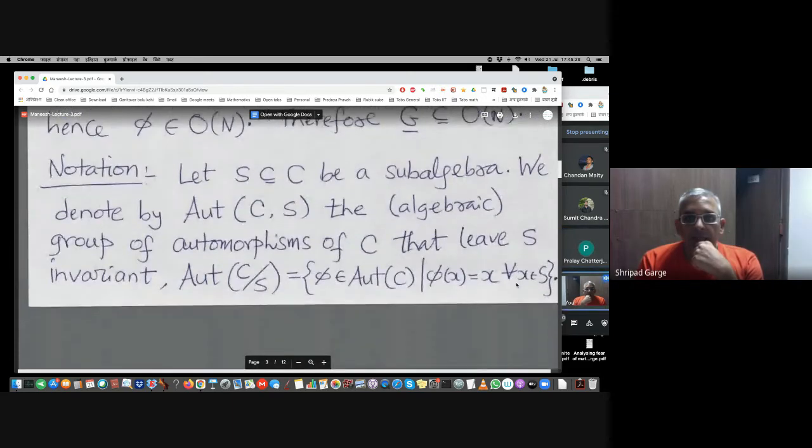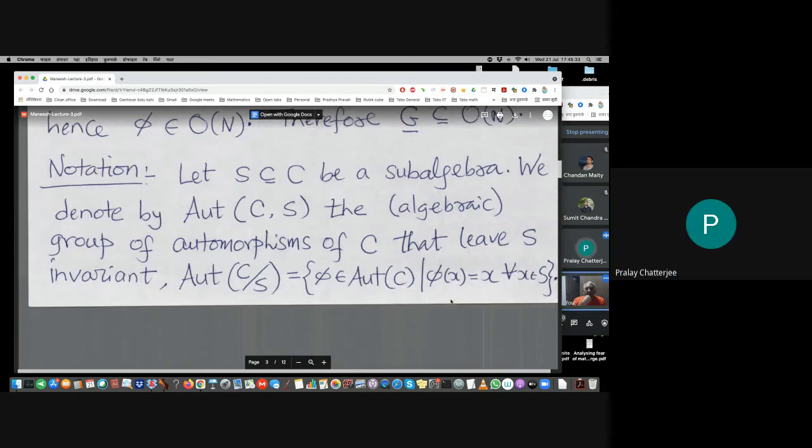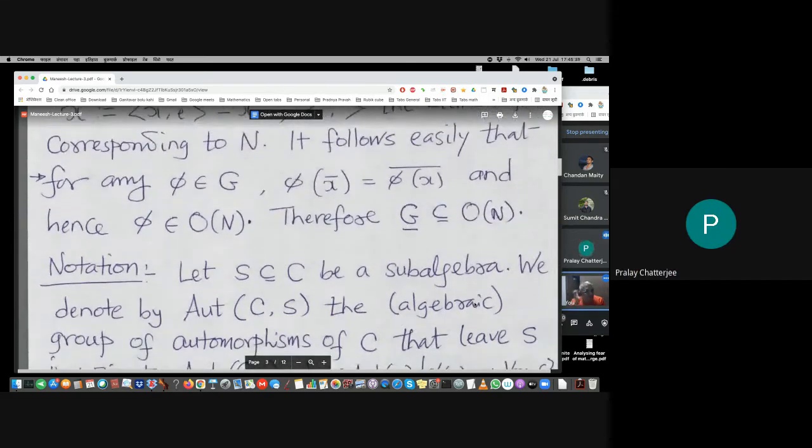Okay, so we have S contained in C is a subalgebra. We denote by... Yes. I also have another question, something extremely basic. For example, how do you conclude that this group is defined over K?